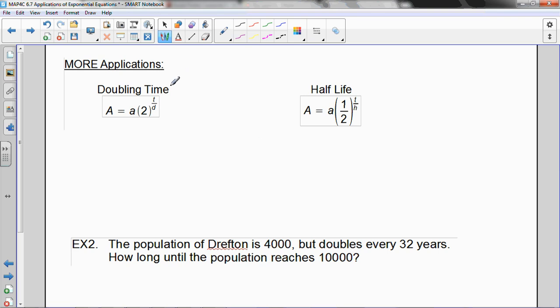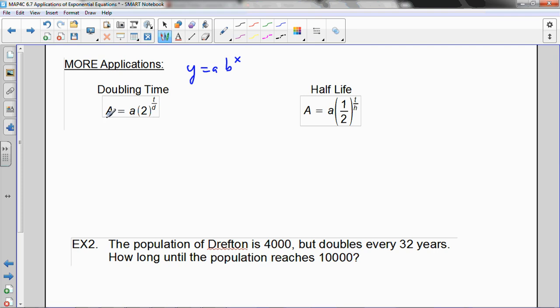Some other applications are very specific: doubling time and half-life. Doubling time has to do with exponential growth, I see, because the base is more than one. This is growing, and this is used for things like populations growing and values of investments growing. And the whole idea is very similar to this, except we've got a base of 2 because we're interested in how long it takes for something to double.